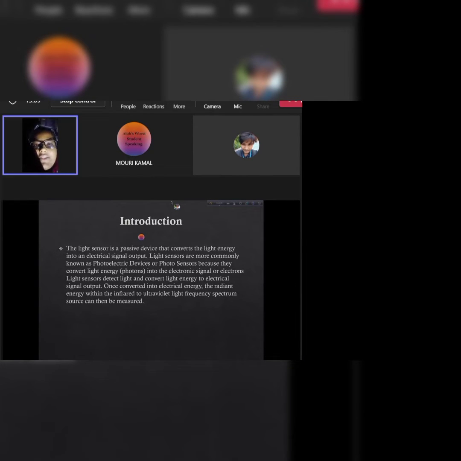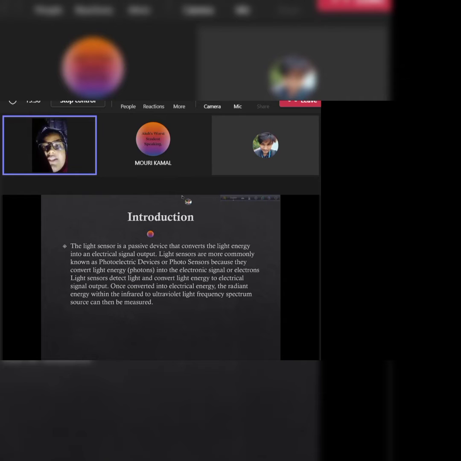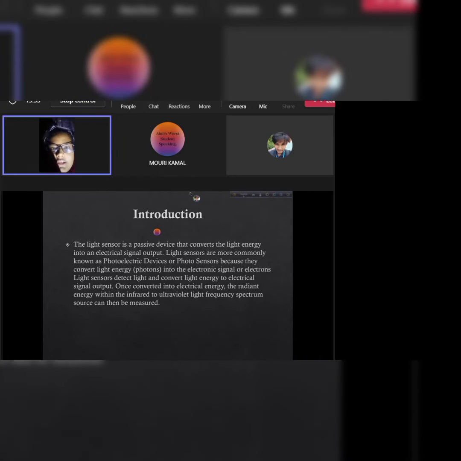The light sensor is a passive device that converts light energy into an electrical signal output. Light sensors are more commonly known as photoelectric devices or photosensors because they convert light energy into an electrical signal.